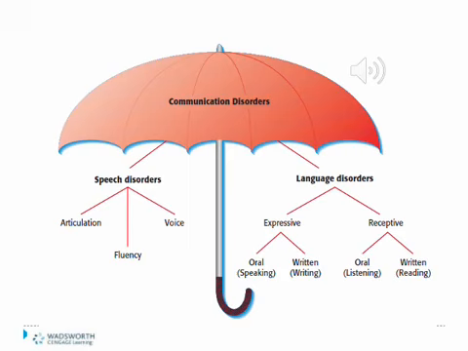Now, the evidence supports that stuttering is genetically transmitted. And the onset of stuttering is typically in the preschool or primary years. The best thing to do is to refer the child to a speech-language pathologist for an evaluation and possible treatment.